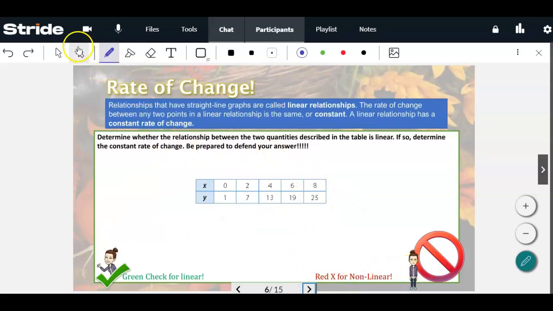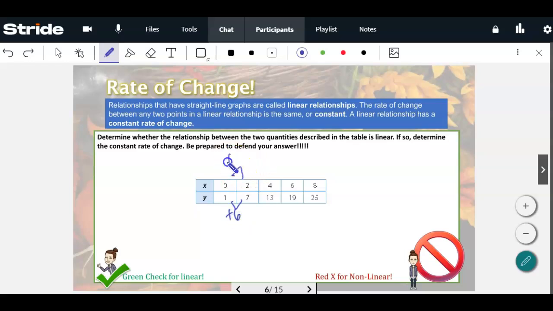All right, let's look at this one. Determine whether the relationship between the two quantities described in the table is linear. If so, determine the constant rate of change, and be prepared to defend your answer. Let's look at our y values: plus 6.